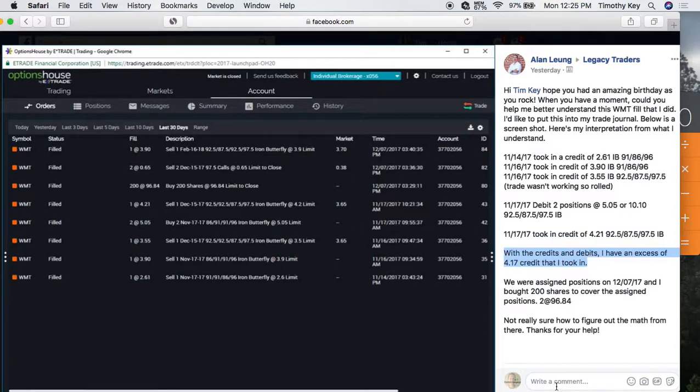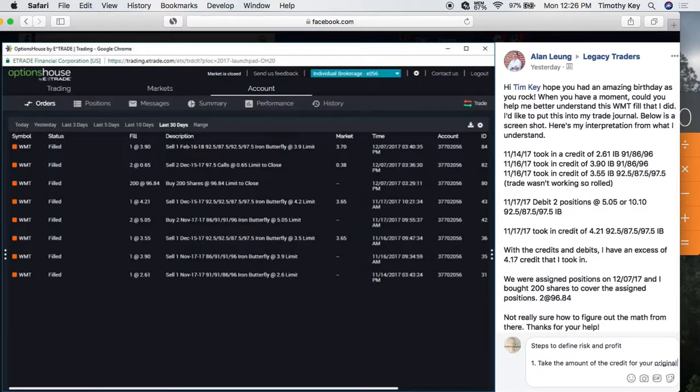So let me just write down here what our steps are going to be, and maybe I'll put this in the comments, but I'm just really writing it out so you can see it. The steps to define risk and profit. Step 1, we are going to take the amount of the credit for our original position.